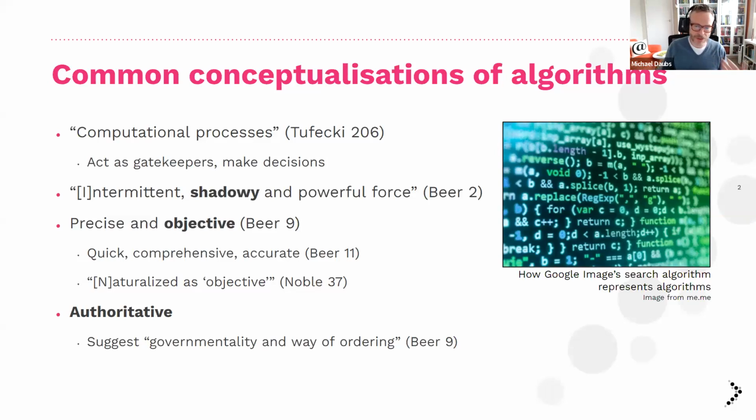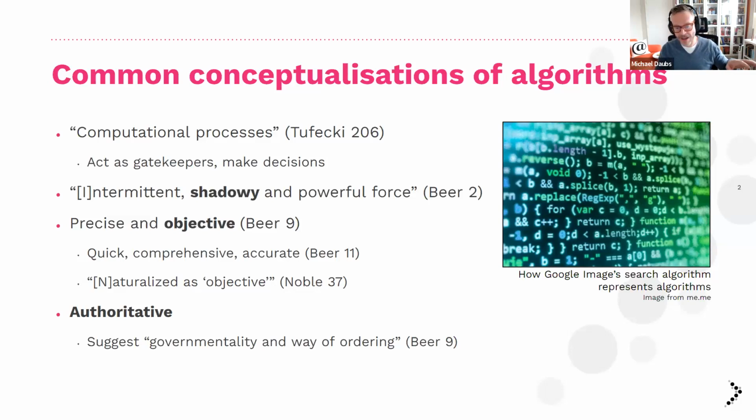But somewhat contradictorily, he notes that algorithms are also trusted for their precision and objectivity. There is a persistent belief that algorithms can think more quickly, more comprehensively, and more accurately than we can as humans. As a result, things like search engine results or algorithmic recommendations are, in the words of Safiya Noble, naturalized as objective.